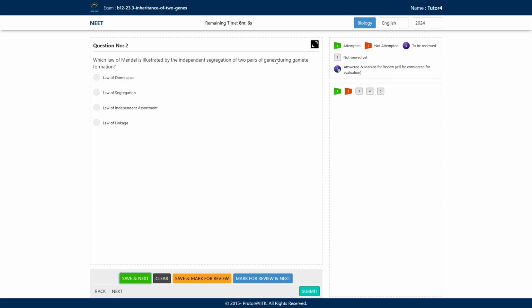In the dihybrid cross, there were 2 genes that were controlling 2 different traits, and you can see these 2 genes were assorting independently. There was independent segregation of the 2 pairs of genes, and this occurred during the gamete formation. So what law does it indicate? Law of dominance, law of segregation, law of independent assortment, or law of linkage.